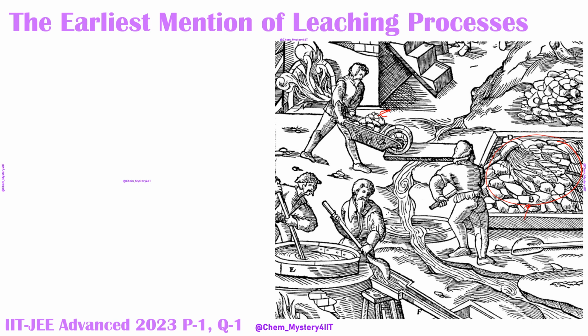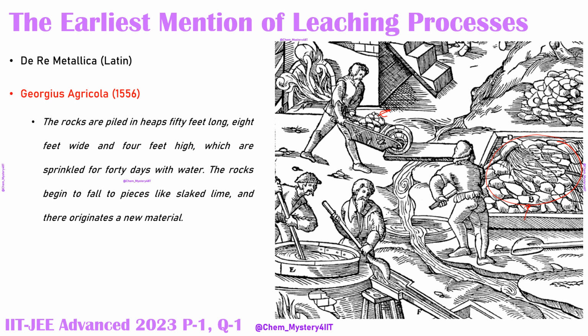This is one of the very basic understandings of the leaching process, and this diagram is taken from De Re Metallica, which was written in Latin by Georgius Agricola, and an English translation is available as well. That book dates back to 1556, when we had very little understanding of metallurgical operations.